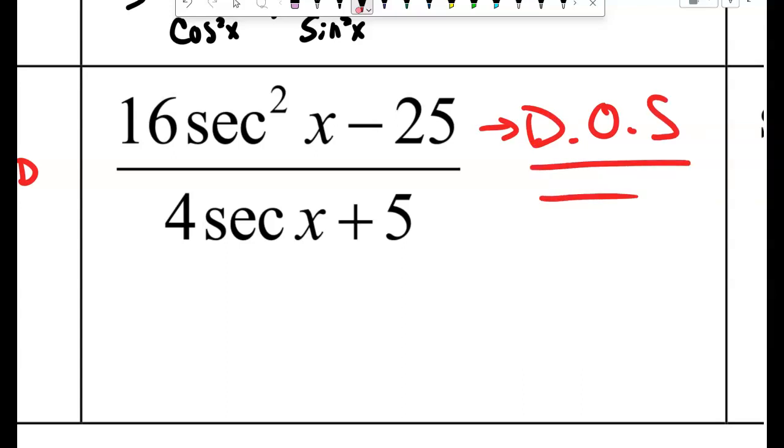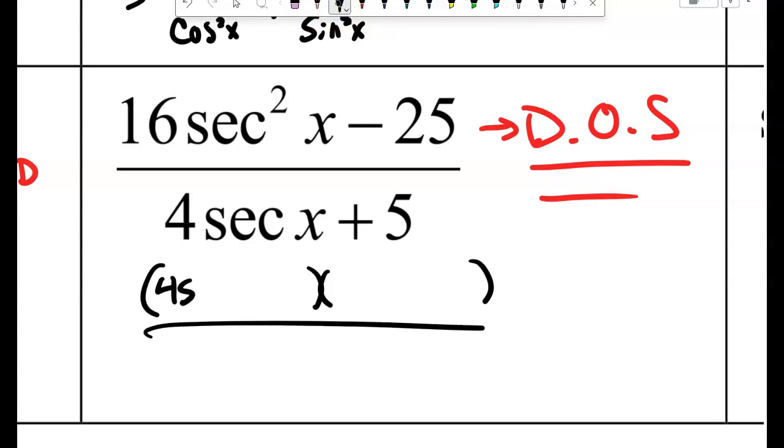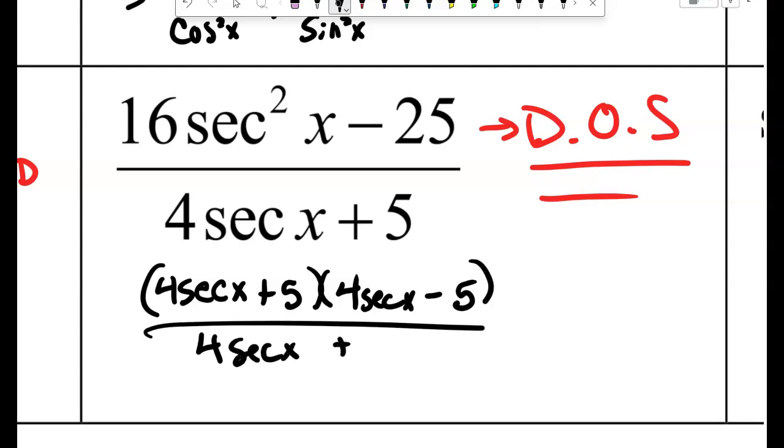How about we do it real quick? In the numerator, what would that factor into? Secant x plus 5, and then minus 1. Yep. And then we get 4 secant x plus 5.